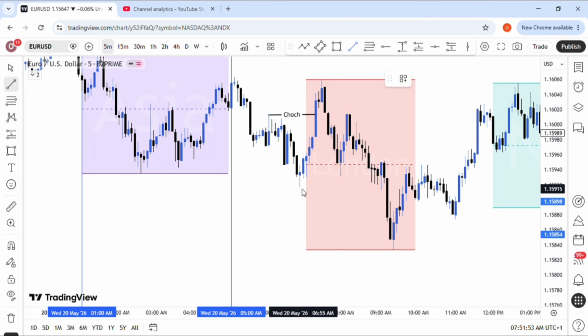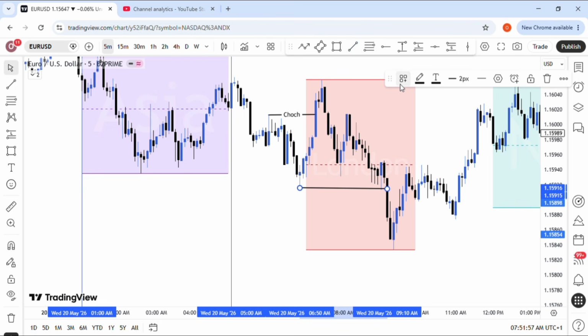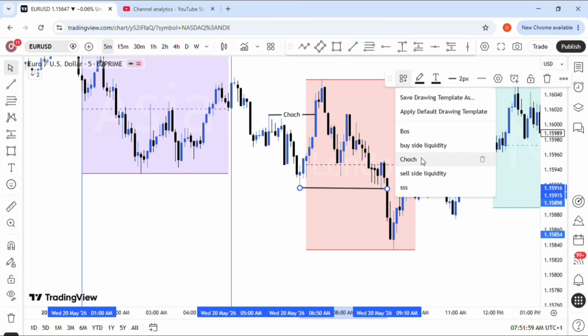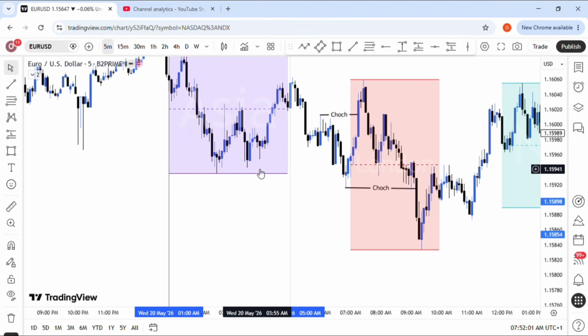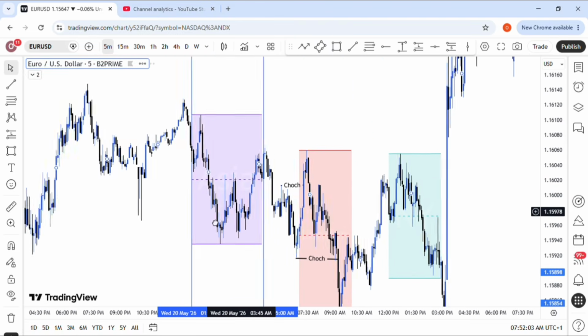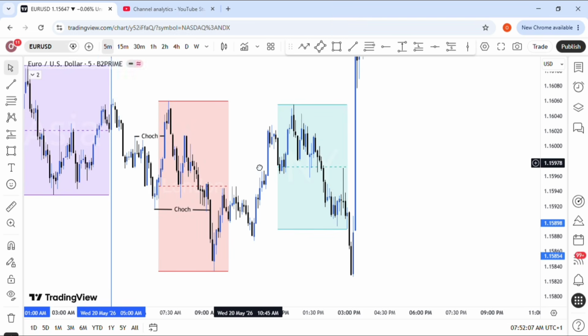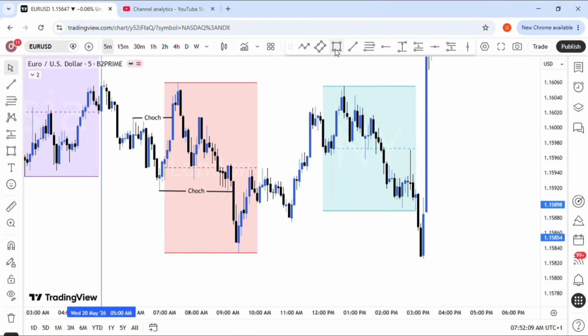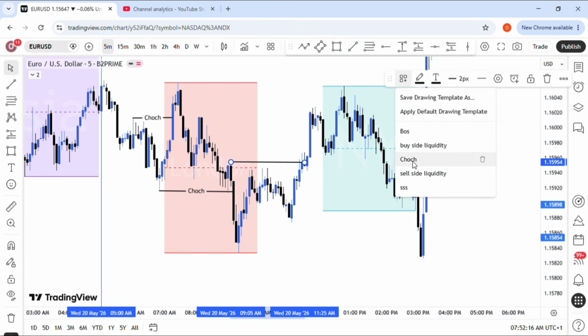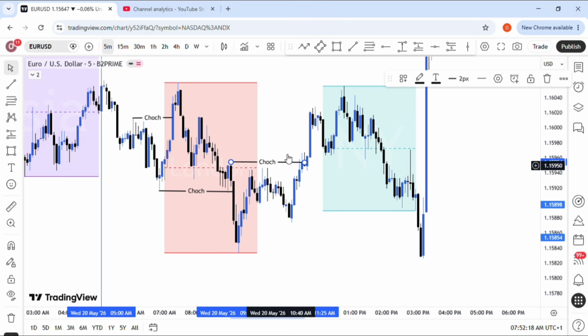This is our change of character to the downside. You can see it. This is another change of character to the upside. Now, this is the change of character that validates everything, that we are actually buying.